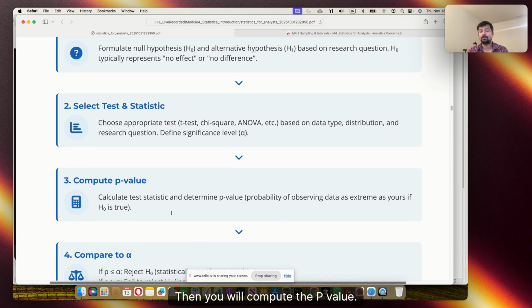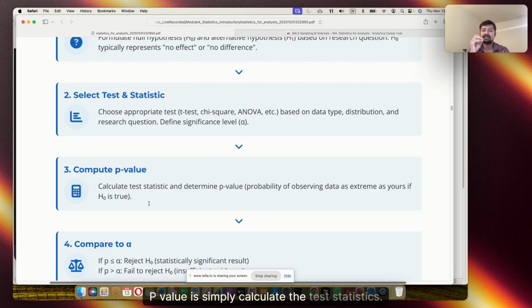Then you will compute the p-value. You calculate the test statistic and determine the p-value, which is the probability of observing data as extreme as yours if H0 is true.